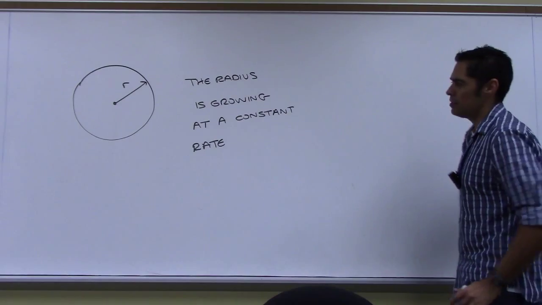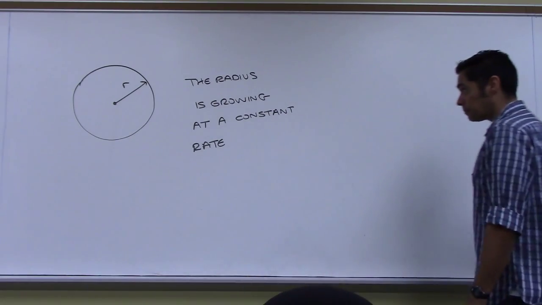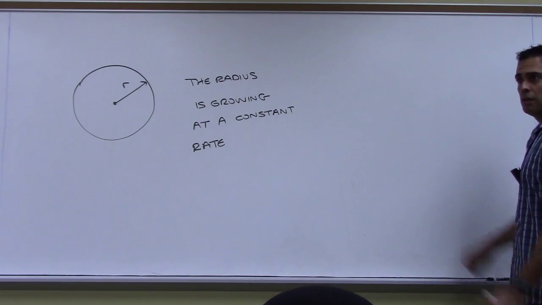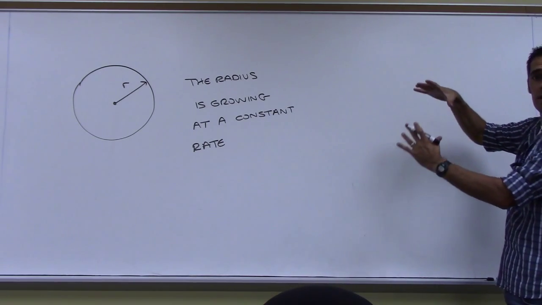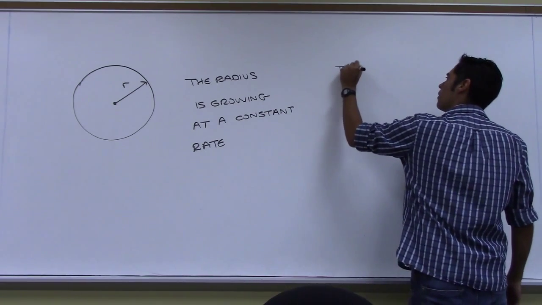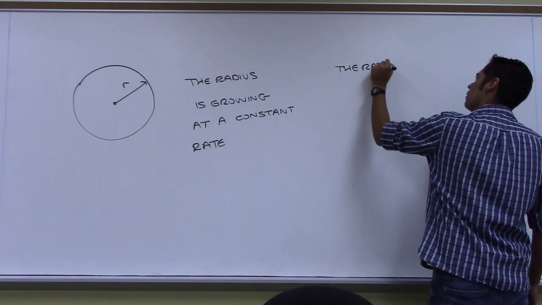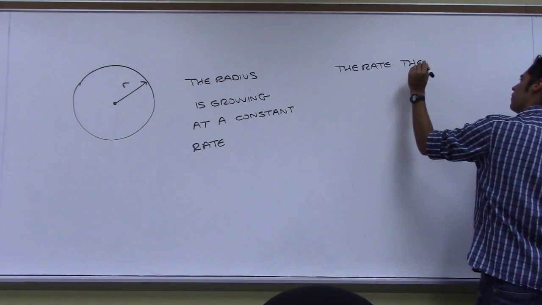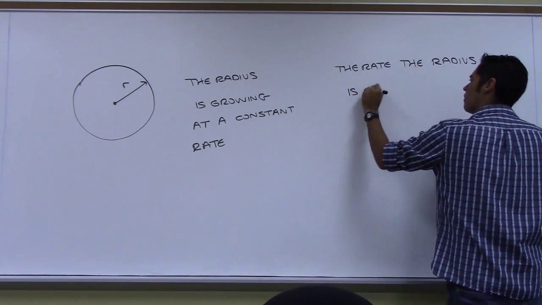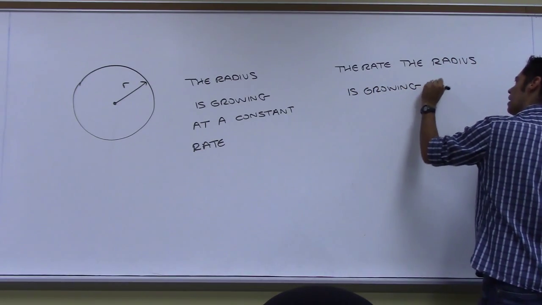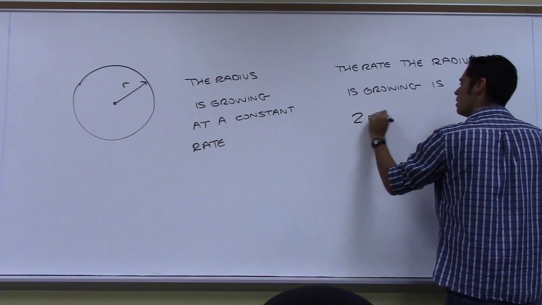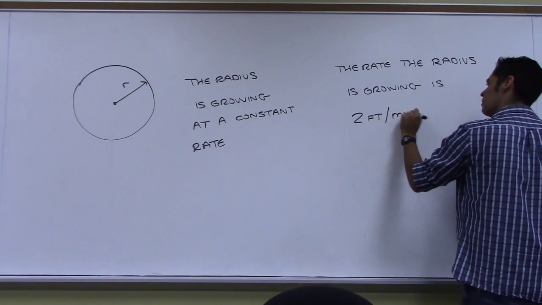I could be confusing this or making this more complicated than it has to be here. So let's just first make sure we understand the picture. That's a circle, it's growing, the radius is growing at a constant rate. Got it? The rate the radius is growing is, I'm going to make this up, 2 feet per minute.